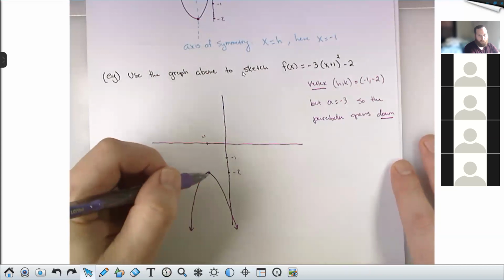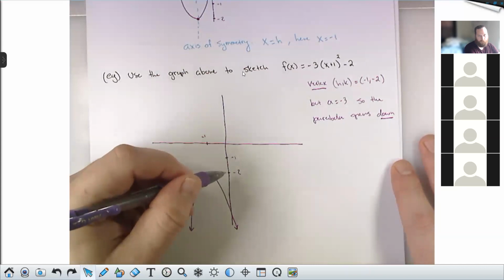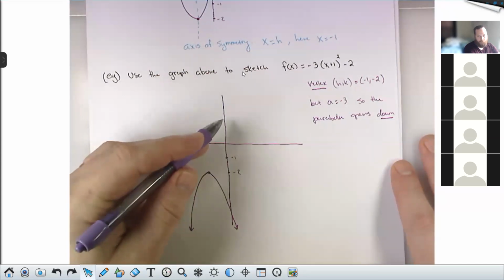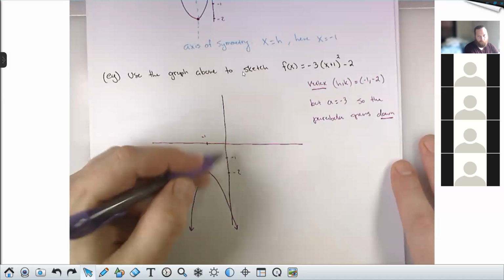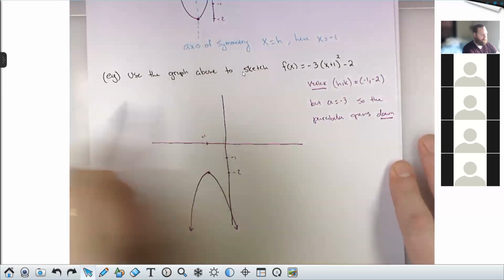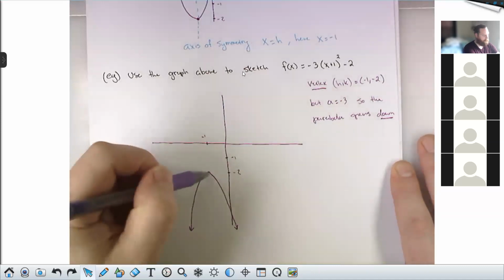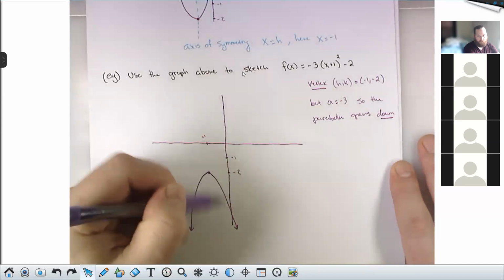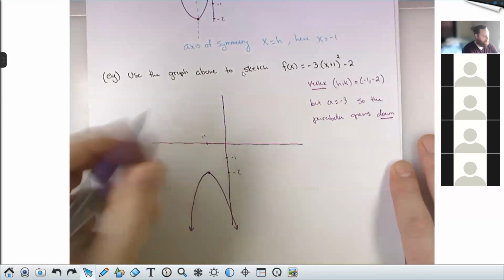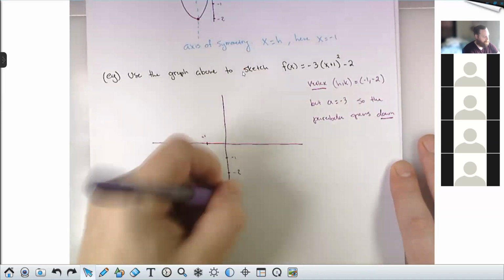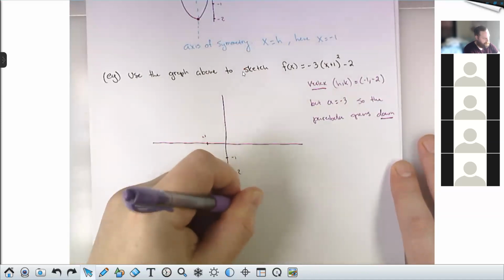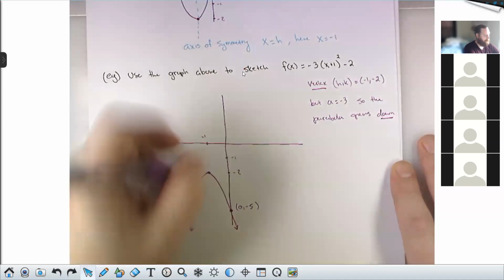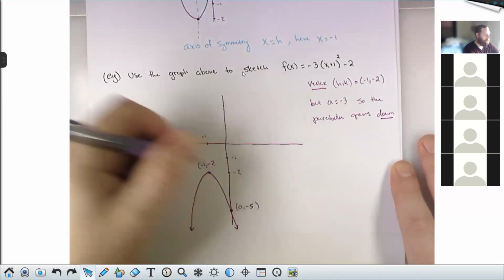Before, we took a step from x equals -1 at the vertex over to x equals 0, and we saw that the y-intercept there was +1, which was 3 units up. Here, since a is -3, when I take a step 1 over, I will take a step 3 units down. So to go from -2 down 3 units, my new y-intercept here is the point (0, -5). And my vertex is still (-1, -2).